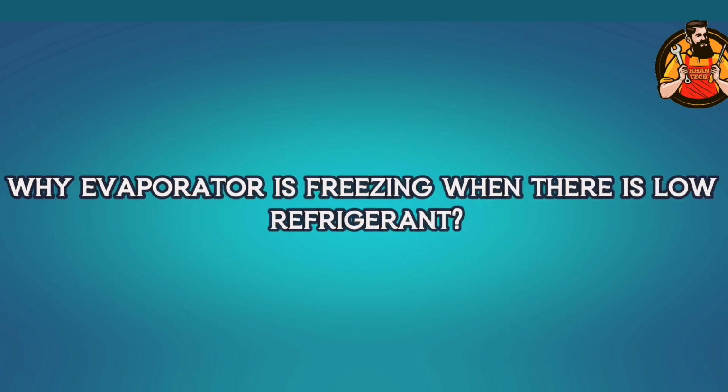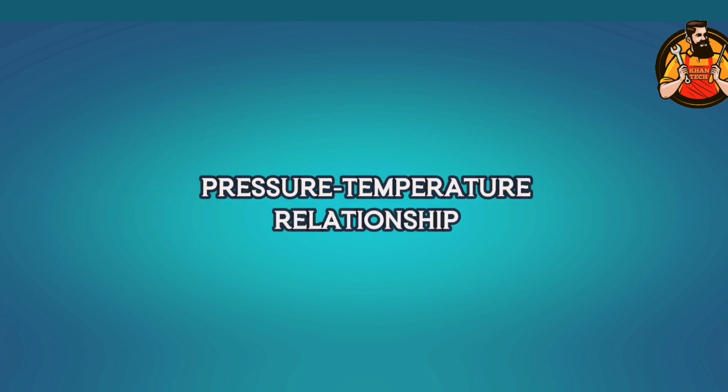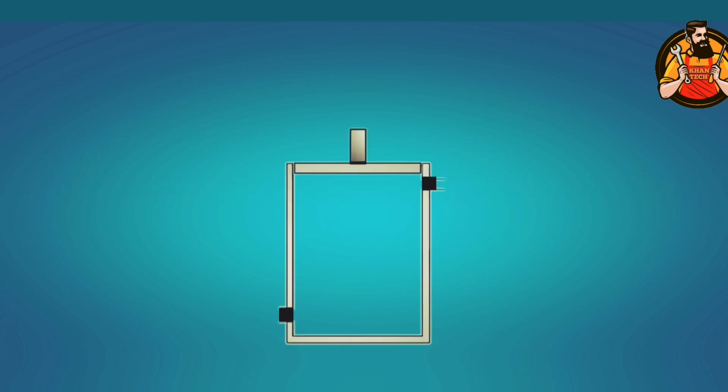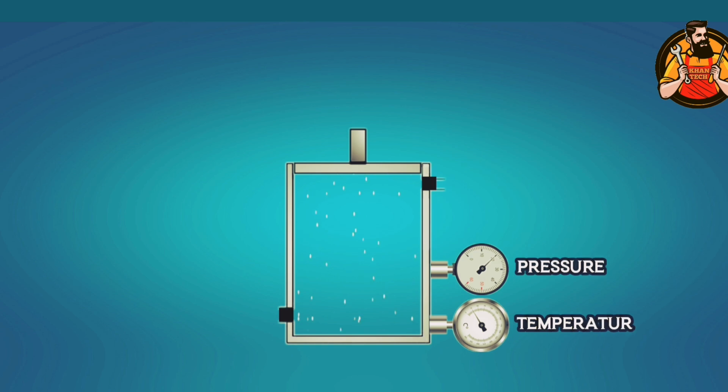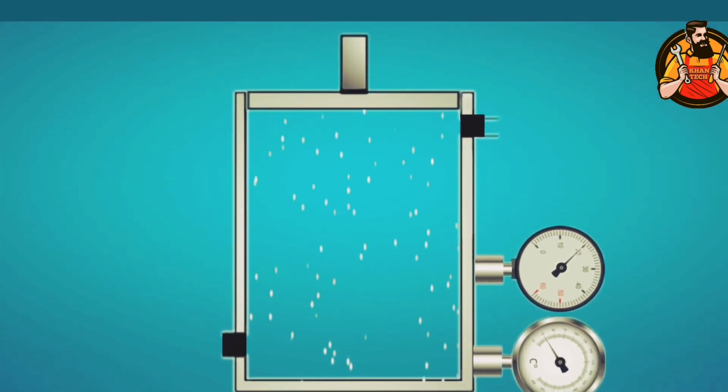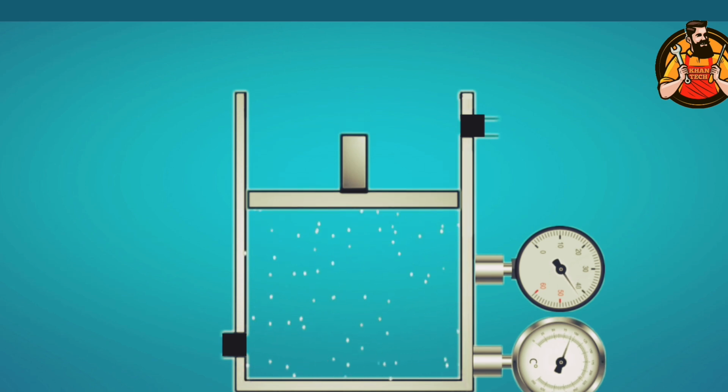Why does the evaporator coil freeze when refrigerant is low? Before that, we can first learn about the pressure-temperature relationship. Let's take a box that is completely closed. Fill some air inside the box, and fix a pressure gauge and temperature meter in it. Now, when you apply pressure inside the box, the pressure and temperature of the air inside the box increase.